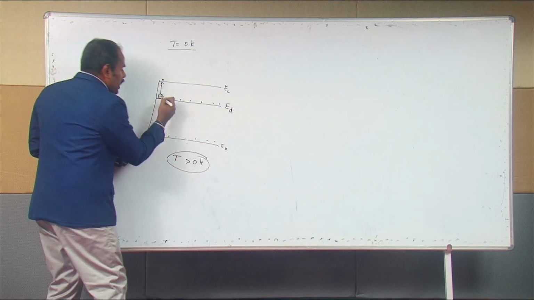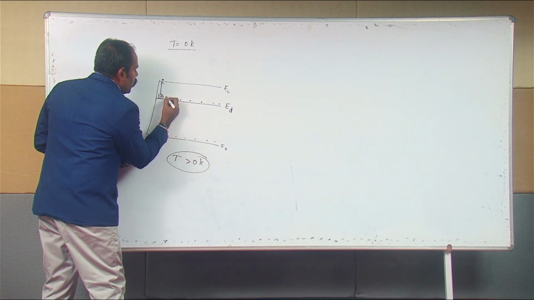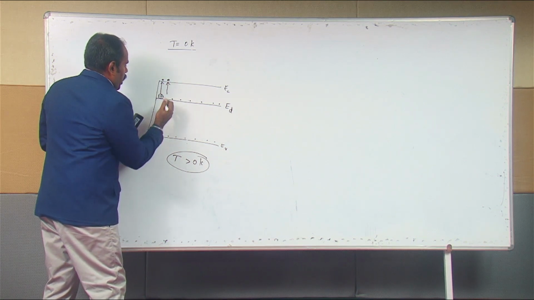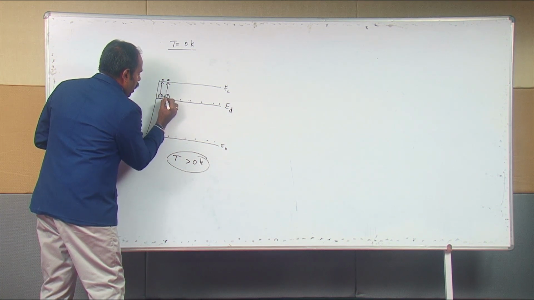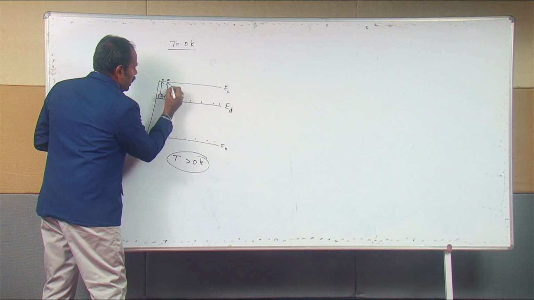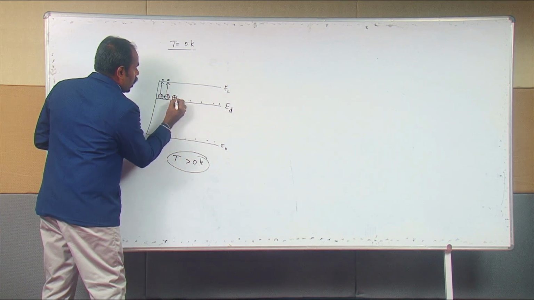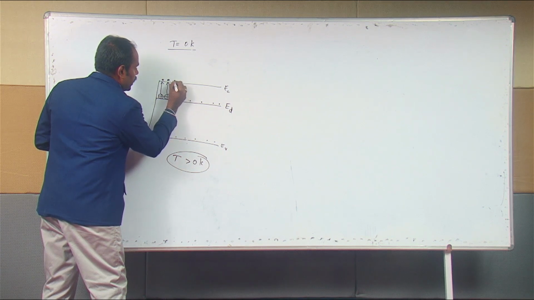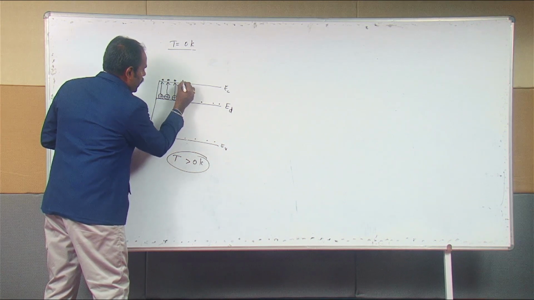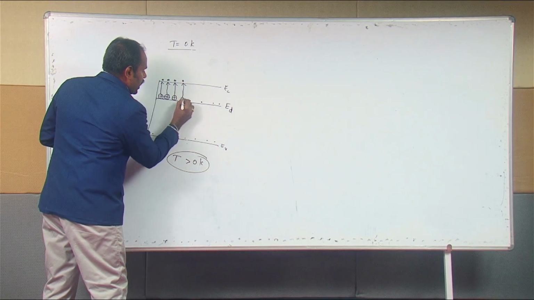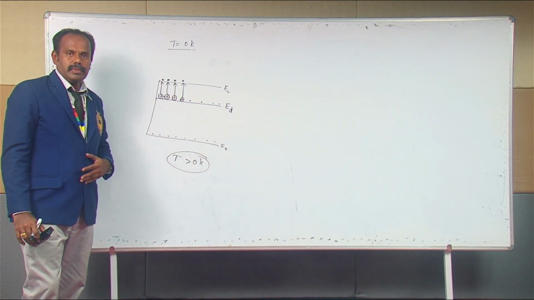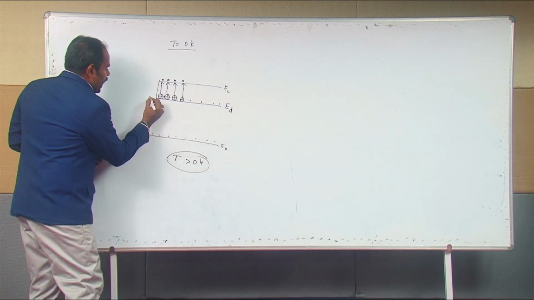So, if another electron gains energy and moves to the conduction band, then you have the introduction of another positively ionized donor atom in the donor energy level. And if another electron moves to the conduction band, yet another positively ionized donor atom is present in the donor energy level. Okay.